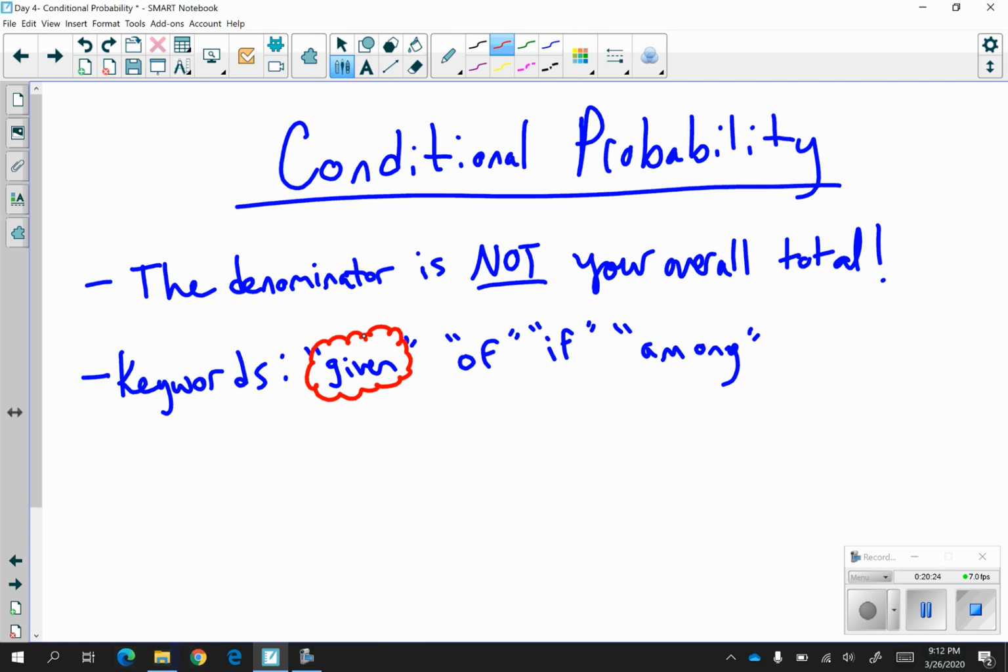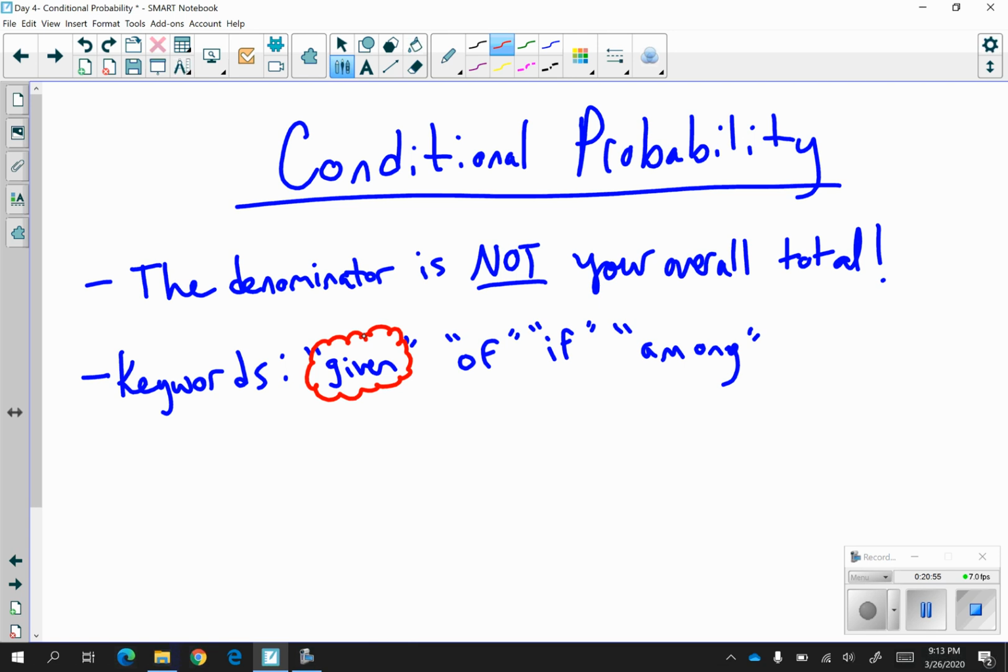They can just say, given there are 1,000 people at this school, some like chocolate ice cream, some like vanilla ice cream, find the probability of the people who like chocolate ice cream. What I'm saying is given is used as setting up situations in problems like that. So make sure they're actually talking about a condition when you see this word.